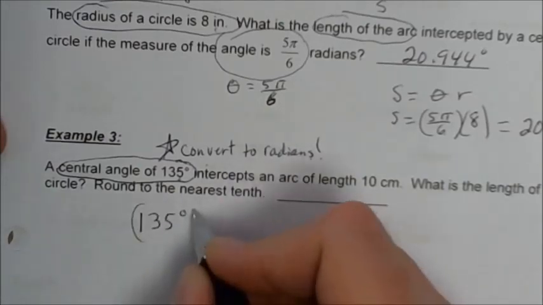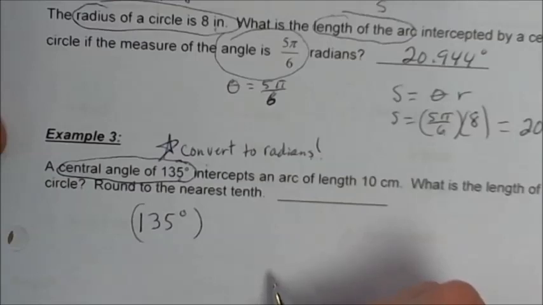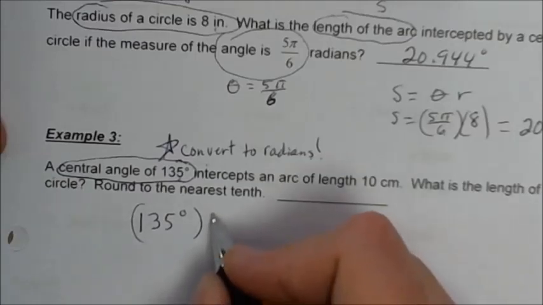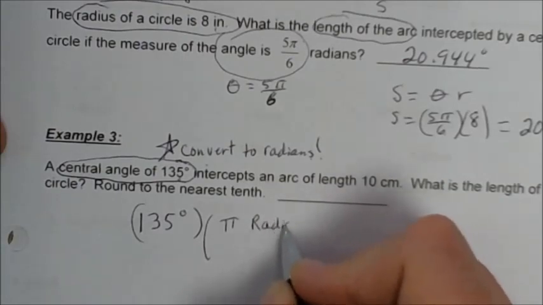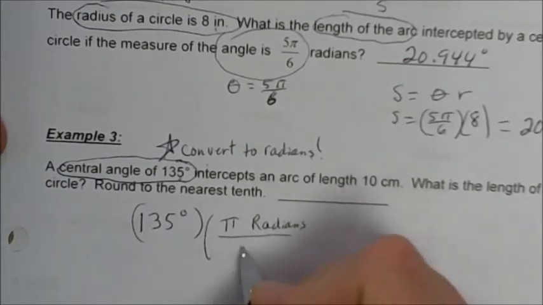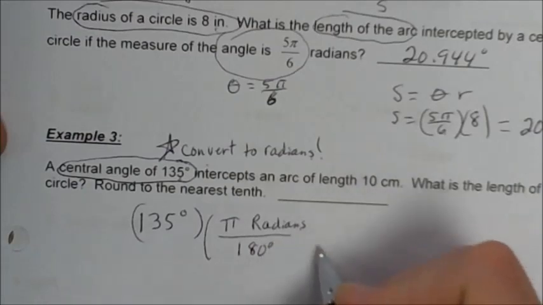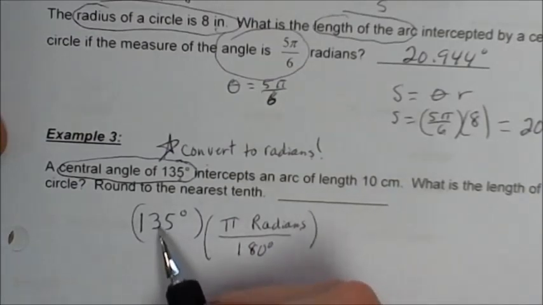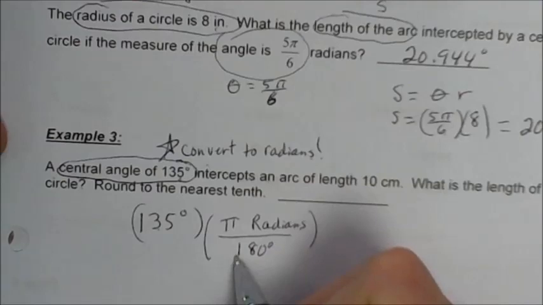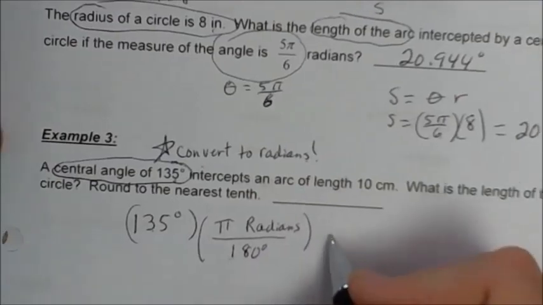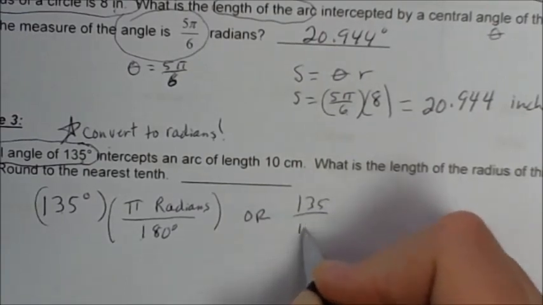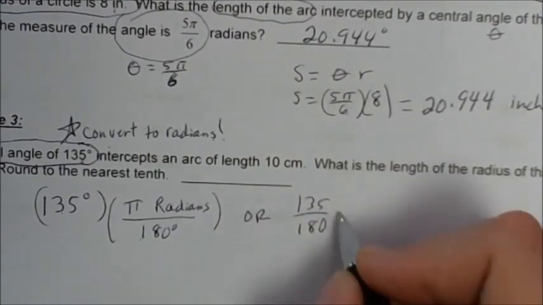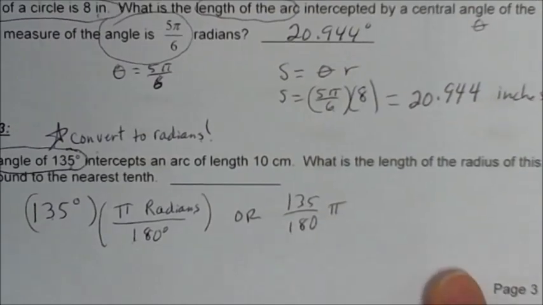Well, you can multiply 135 degrees, this is unit conversion, and remember there are pi radians in 180 degrees. Or you can do like we did yesterday, 135 divided by 180, math frac, and then we're going to put a pi on top of that.